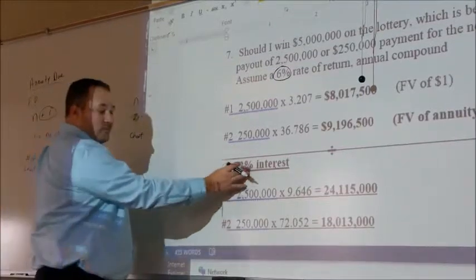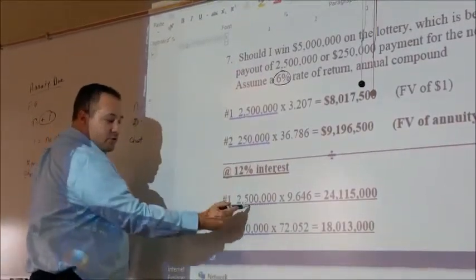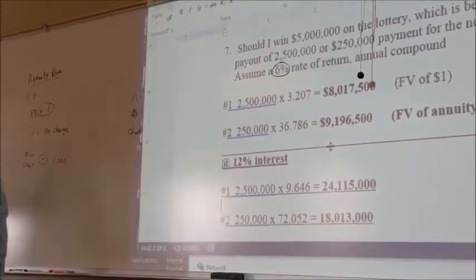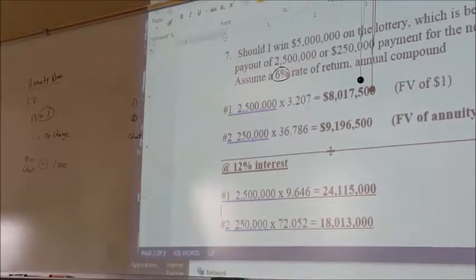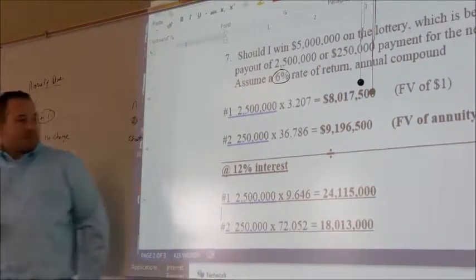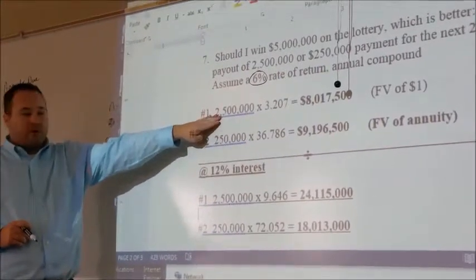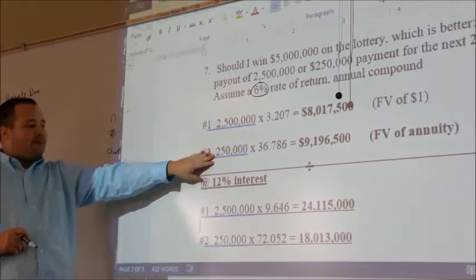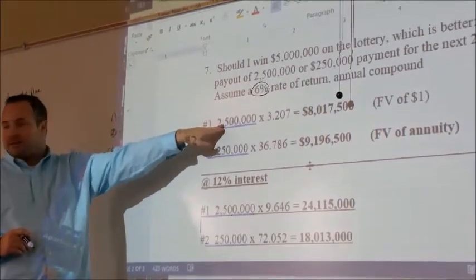This would be considered a high interest rate. If you're going to take a high interest rate, you're going to want to multiply it by as high a number as possible. You can get a lot more interest on 12% at 2.5 million than you can at 250,000 at 12% interest. And when the interest rate's smaller, even though you're going to get more at this amount, the amount that you're going to get isn't enough to make up for you taking a 50% cut up front.